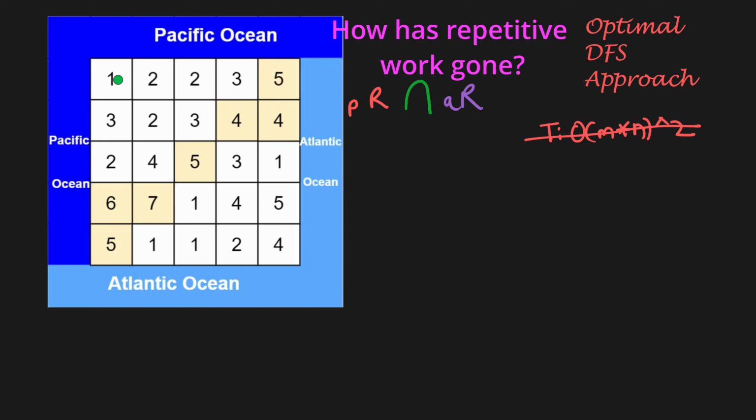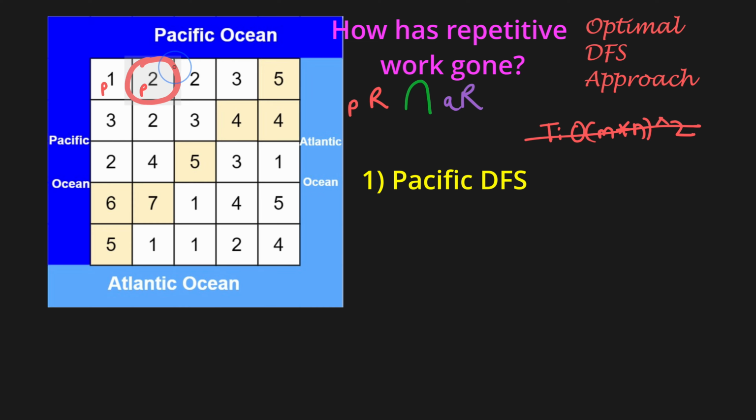Here's why. Say I start the DFS from cell 00 for the Pacific Ocean. We mark it as visited and add it to the Pacific reachable visited set P. From here, we can't go northwards and westwards as it is out of bounds. But if we go east, we come to this cell of height 2, and since this is higher than the current cell, we can move here and we mark it as visited by adding it to the Pacific reachable set.